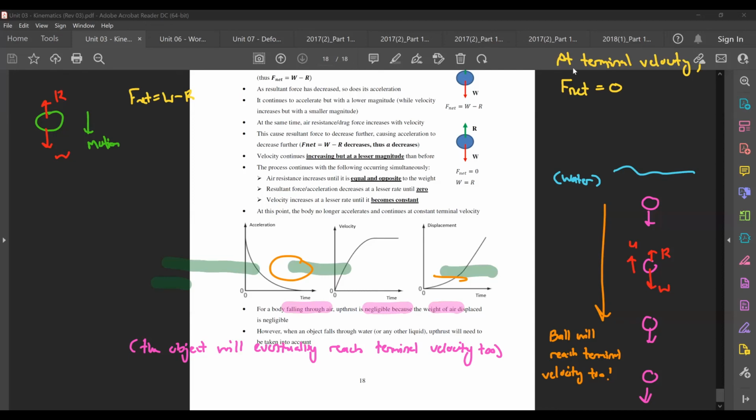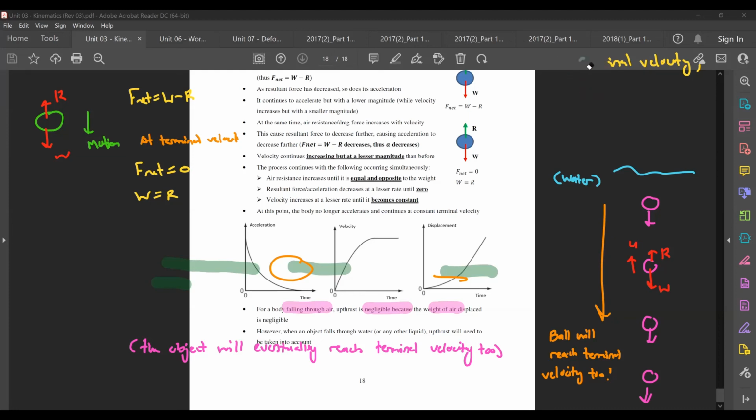But what about with U? W minus U minus R. Yeah, okay. So back to this one, at terminal velocity, I know F net is 0. This one, W equals R, right? Okay, so I'm trying to do the same thing here for you.